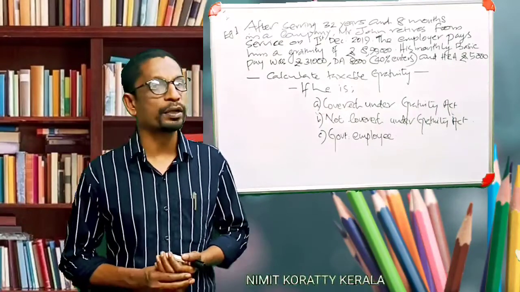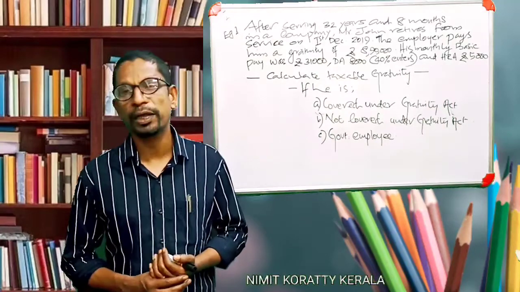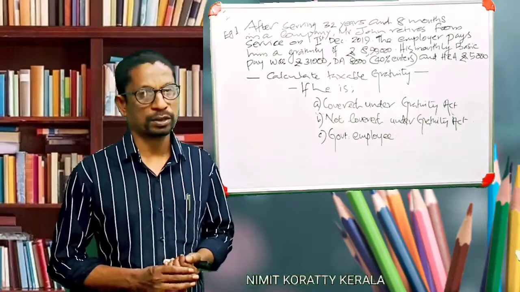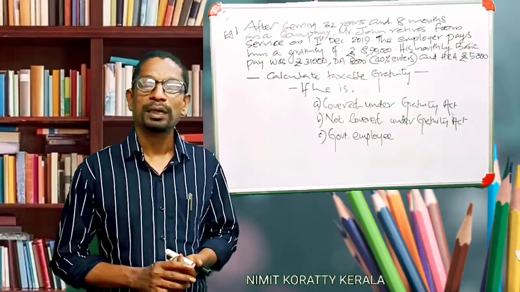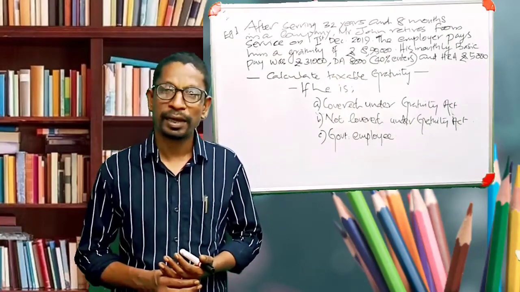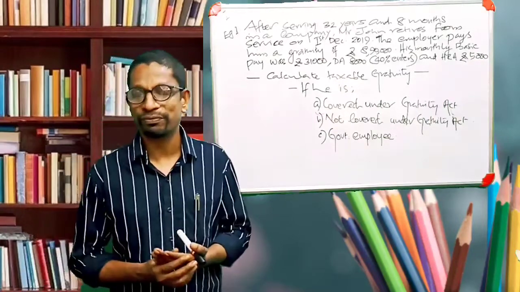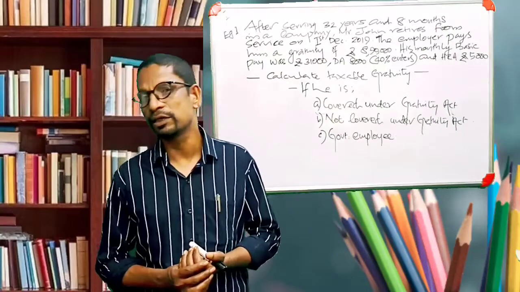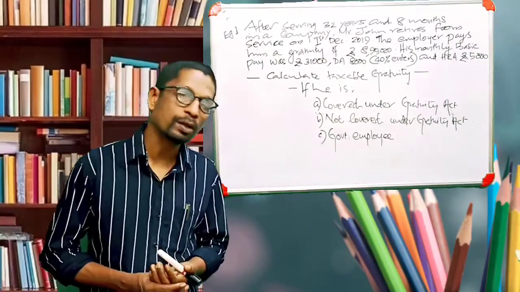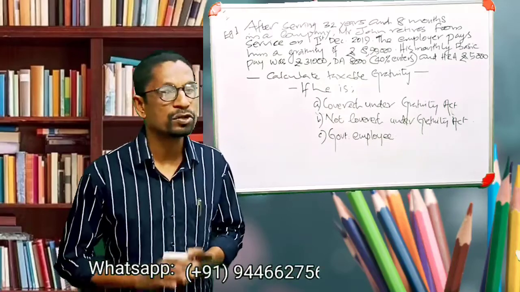Regarding government employees, whatever gratuity they receive is fully exempted from tax. But non-government employees are again subdivided into two more divisions: those who are covered under the Payment of Gratuity Act 1972 and those who are not covered under the Payment of Gratuity Act 1972.